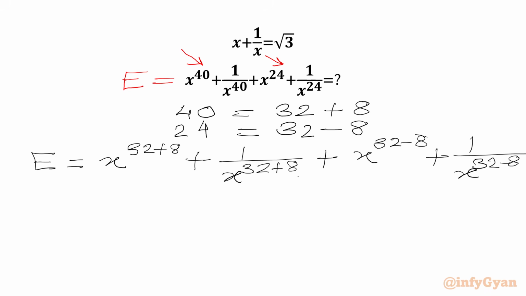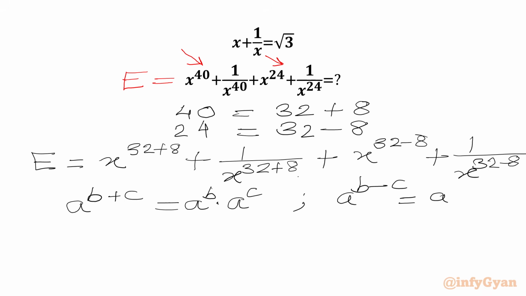Now we'll be using two powerful exponent laws. First one is a power b plus c. This can be written as a power b times a power c. And second law, a power b minus c will be equal to a power b over a power c.